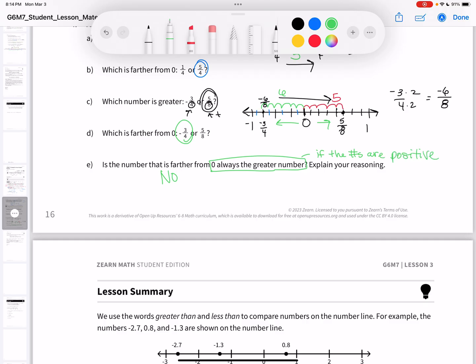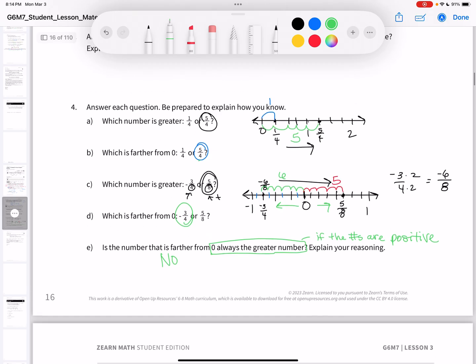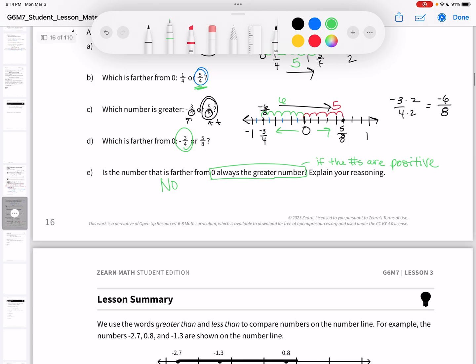If both numbers are positive, then the greater number is always going to be furthest away from 0. If it's negative, that's not always true. Okay? And we can see that here, right? Negative 3/4 is not the greater number, but it is furthest away from 0 in this case.